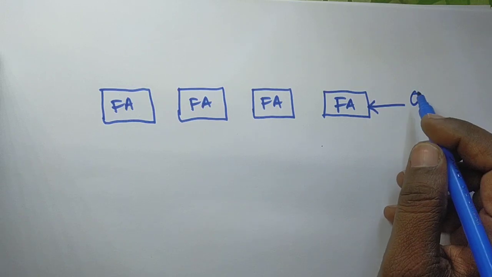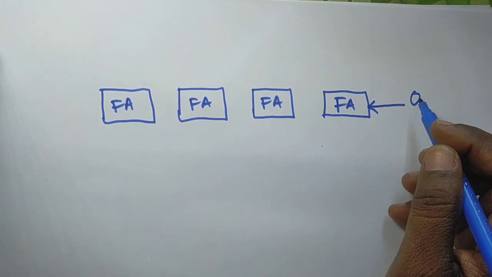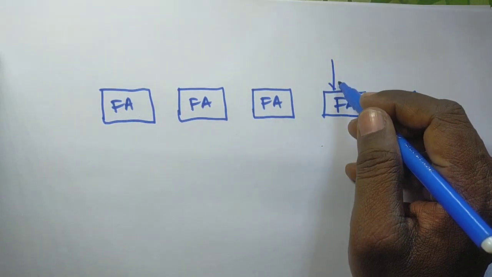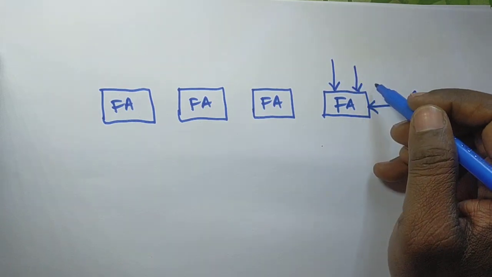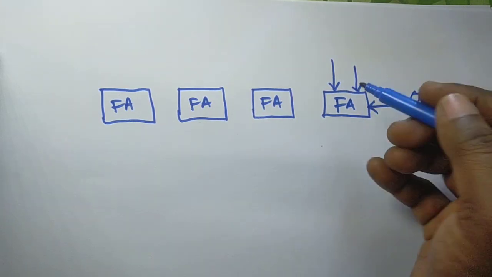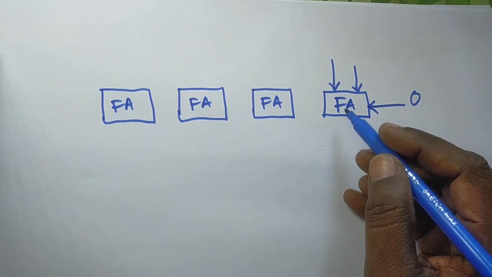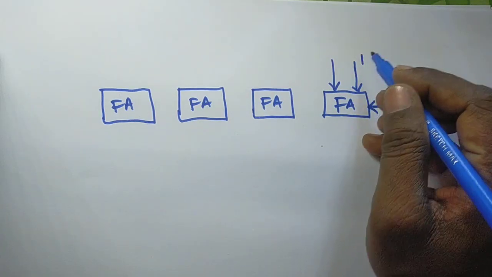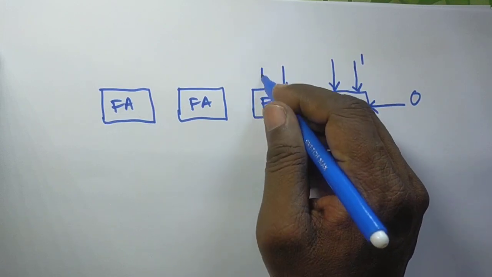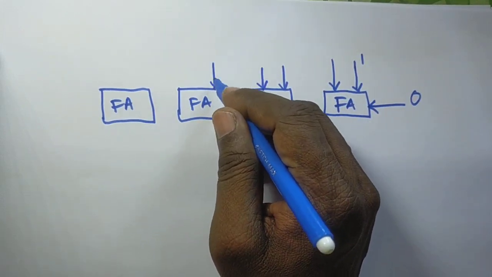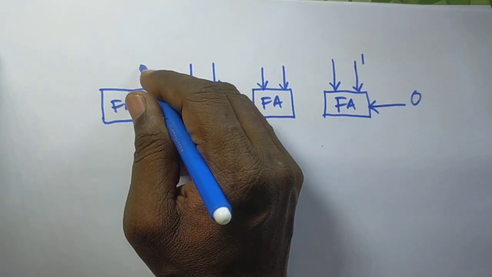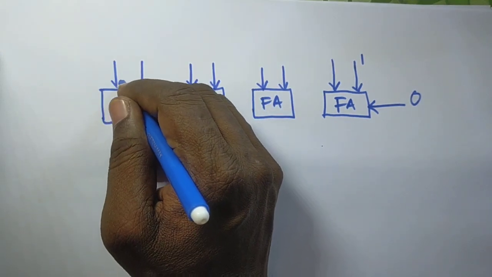Initially you just give some inputs, that is 0. Now I told that 2 inputs will be provided. One is the A part, another is the 4 bits of minus 1. Very simple. I will show you. You just put 2 inputs for each full adder.